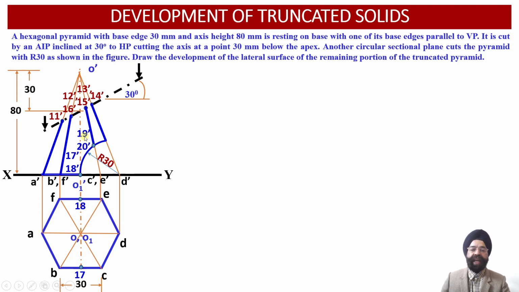So point number 19 is available on the slant edge OC, while point number 20 will be available on the slant edge OE. Wherever the circular cutting plane intersects these 2 slant edges, points 19 dash and 20 dash will be observed, and both of them coincide with each other in the front view projections.